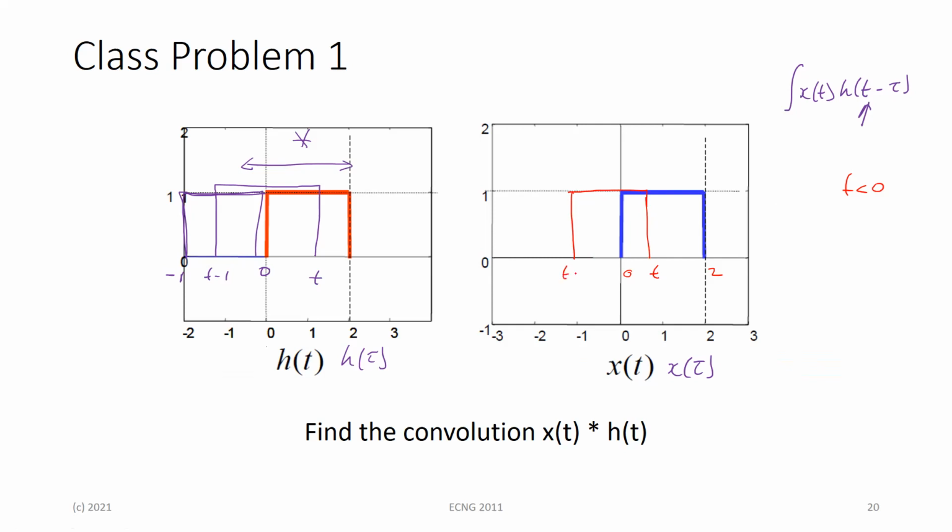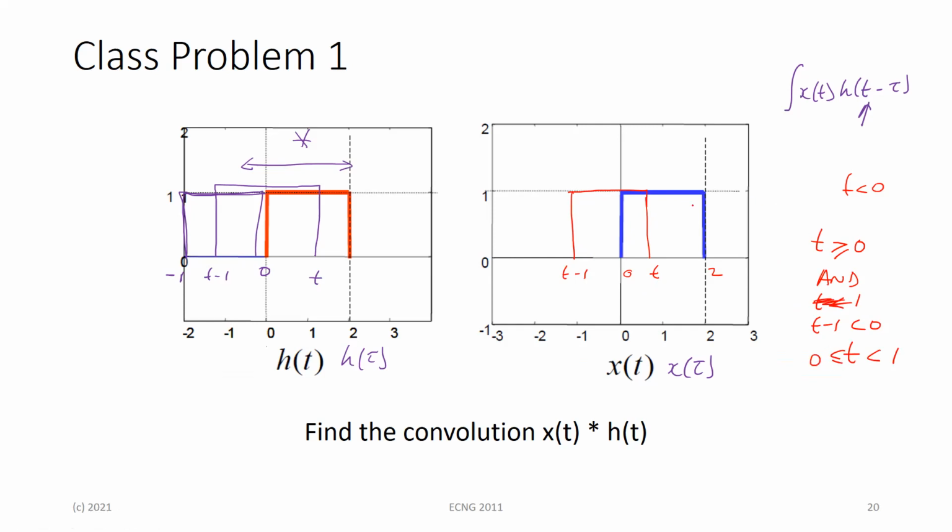So this point here is t greater than or equal to 0. And if you look at it, the back of the pulse here is coming up, and t minus 1 less than 0. Combine the two of them, you have t less than 1 and greater than or equal to 0. So that's the next zone.